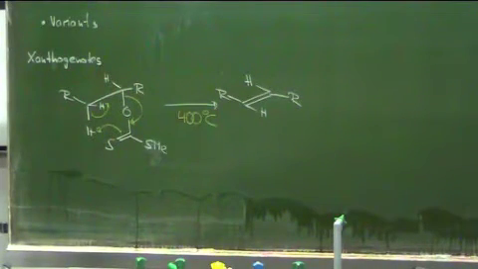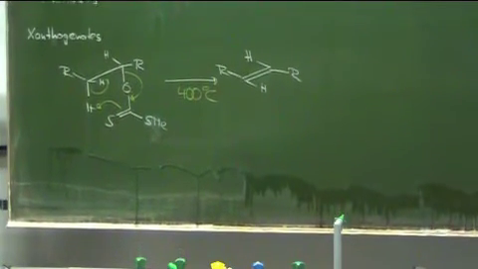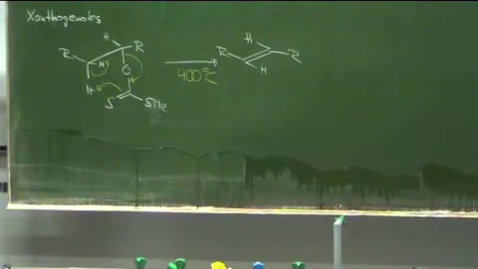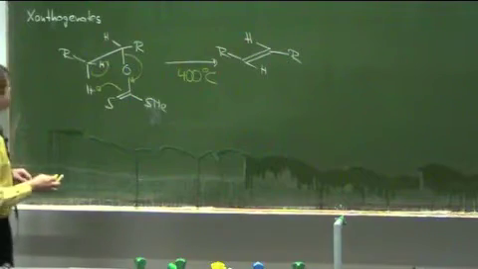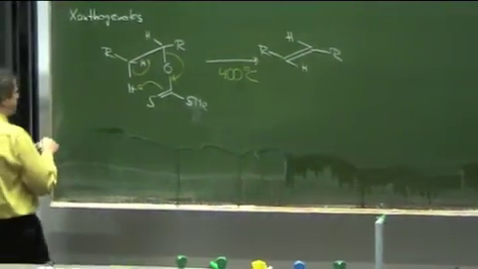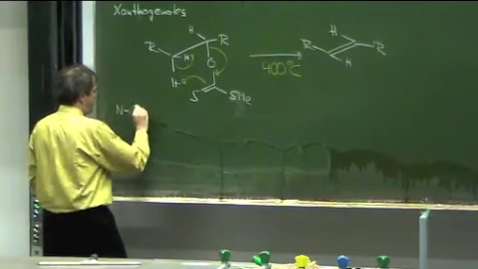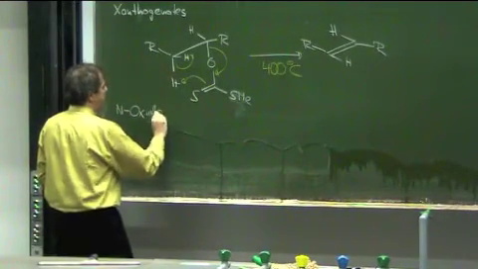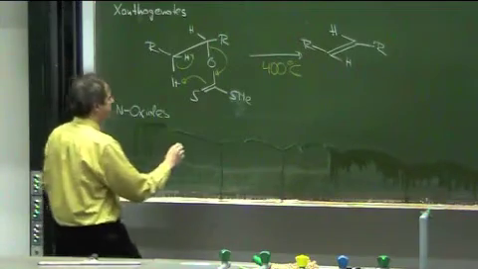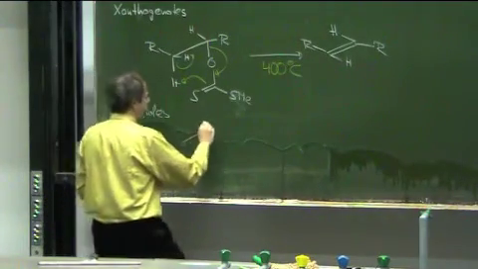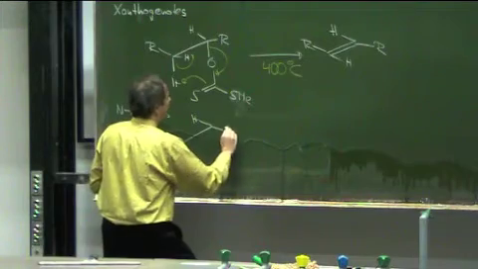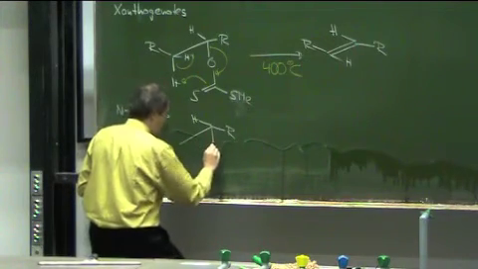So the xanthogenates are more reactive for this type of process. And the third class which is doing this are so-called N-oxides. You don't see this too often, but still I would like to show this to you.